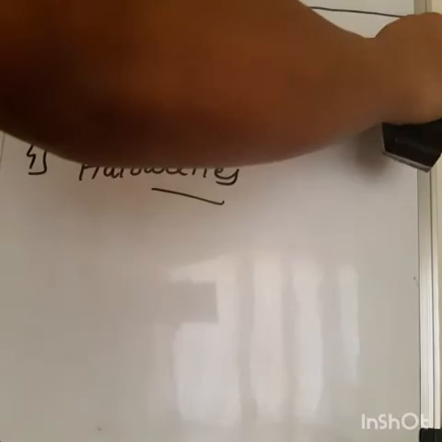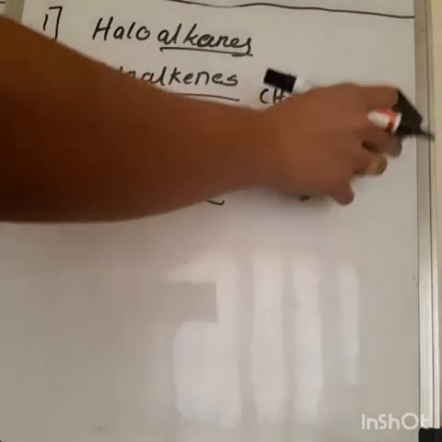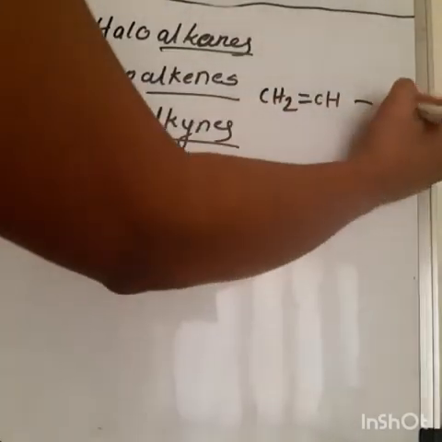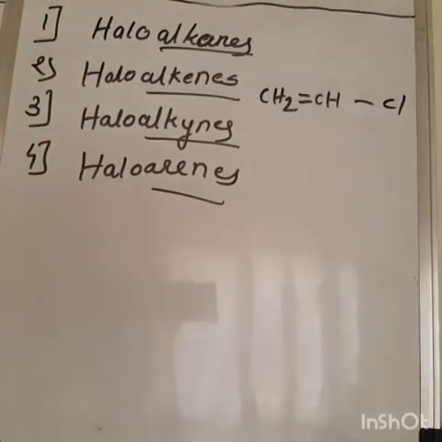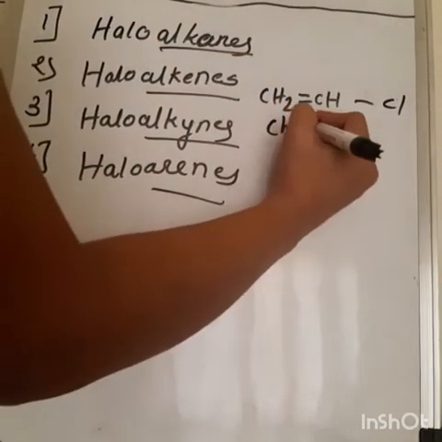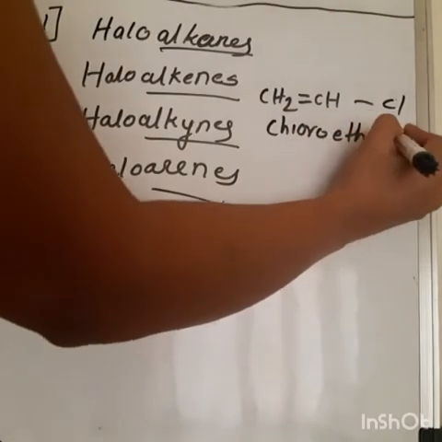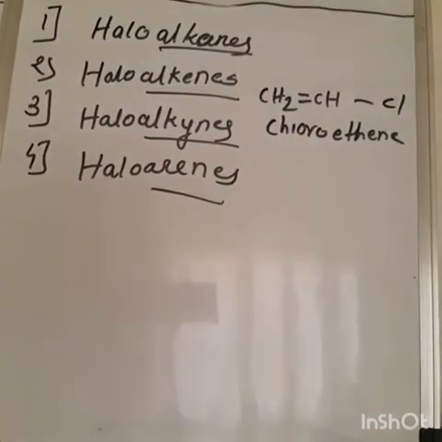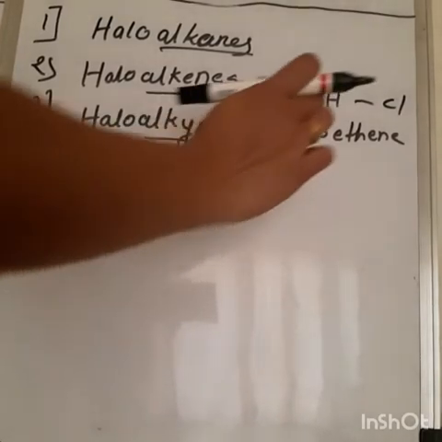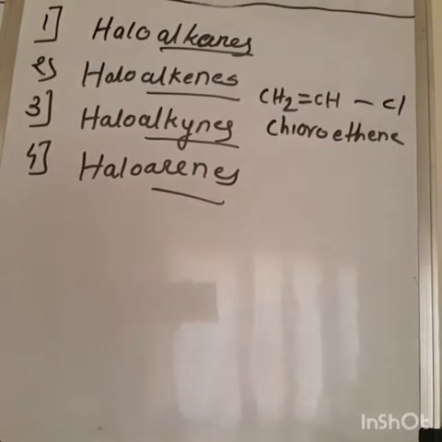If we take the example of chlorine, it becomes chloroethene. So this is the haloalkene. What are haloalkenes? These are the compounds formed by replacement of one hydrogen atom from alkenes by a halogen atom.